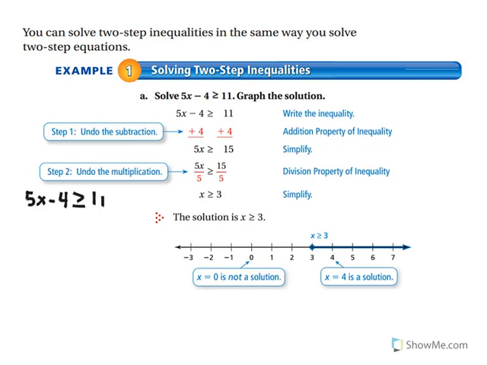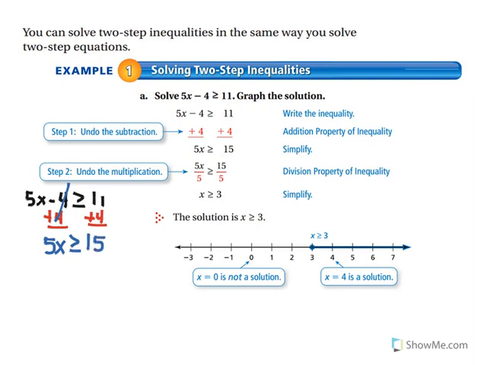As you know, with the two steps, we're going to undo our subtraction first by adding. So we're going to add 4 to both sides. By doing this, we're going to undo the subtraction of 4, leaving us with 5x. And then the greater than or equal to comes down. And then 11 plus 4 gets us 15.